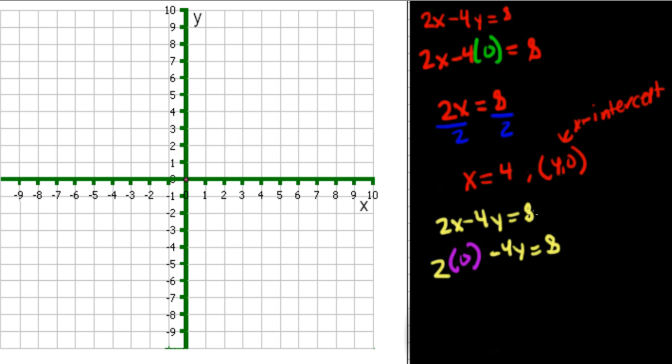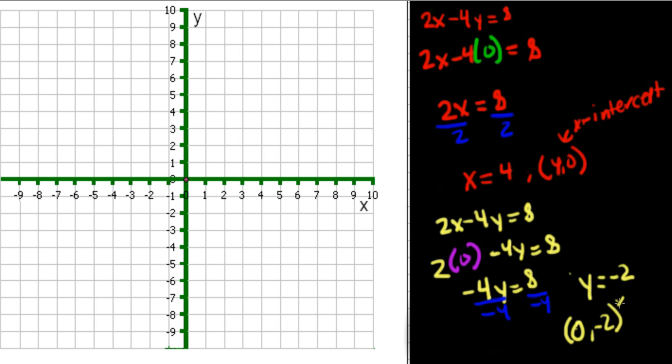We can simplify the equation. 2 times 0 would give us 0, so we can leave it out. -4y equals 8. We want to isolate the variable y, so divide both sides by -4. When you divide the left side by -4, you're left with 1y. When you divide the right side, we are left with -2. So y equals -2. That is your y-intercept. And because it's your y-intercept, the coordinates would be 0, -2.